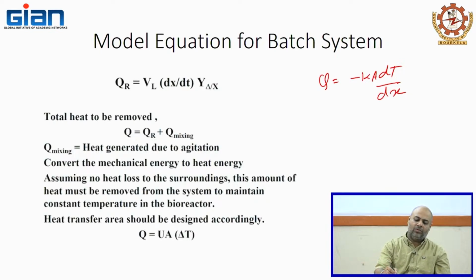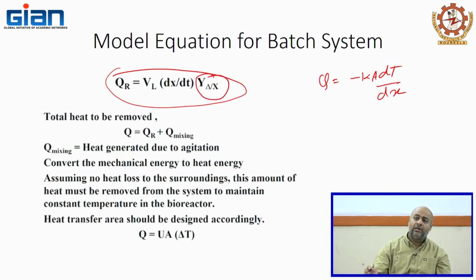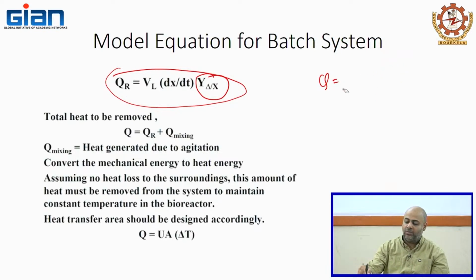But here you are going to look at the QR value with respect to the microbial growth. So this is the equation which is used with respect to microbial growth. This QR is for the microbial growth. VL is the volume, and dX by dt is the change in biomass concentration with respect to time.